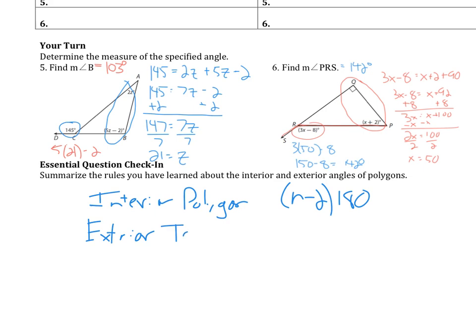We can write that the exterior angle is equal to the two opposite interior angles. Or as we had written before, the measure of angle 4, which is our exterior angle, is equal to the two opposite interior angles added together.